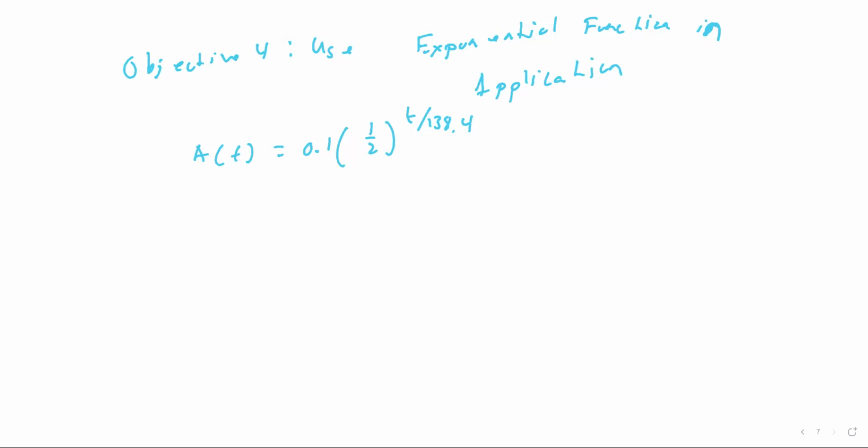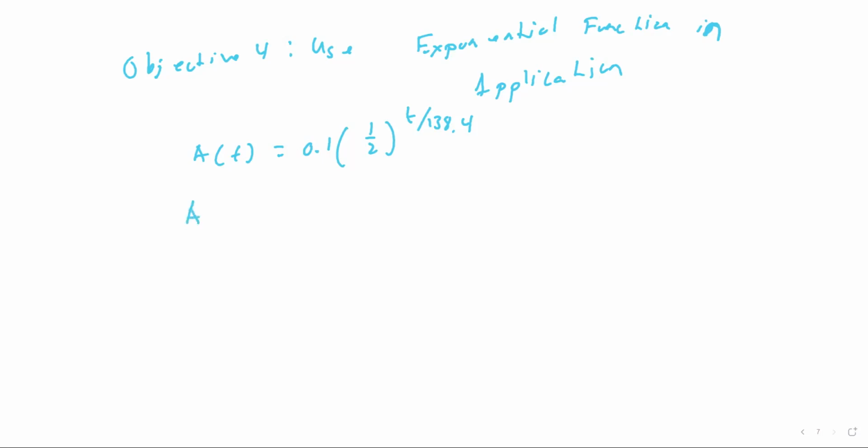The half-life of that is 138.4 years. If 0.1 milligrams of this is represented in a sample, then they give you the equation that gives the amount A of T present after T years, and then it wants you to evaluate the function for the given values of T and interpret the meaning in context.